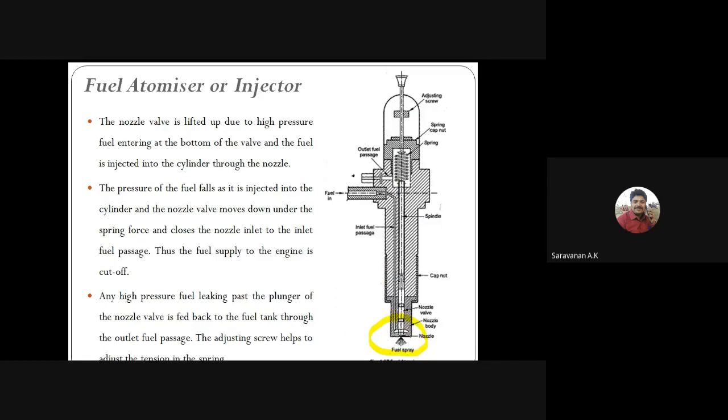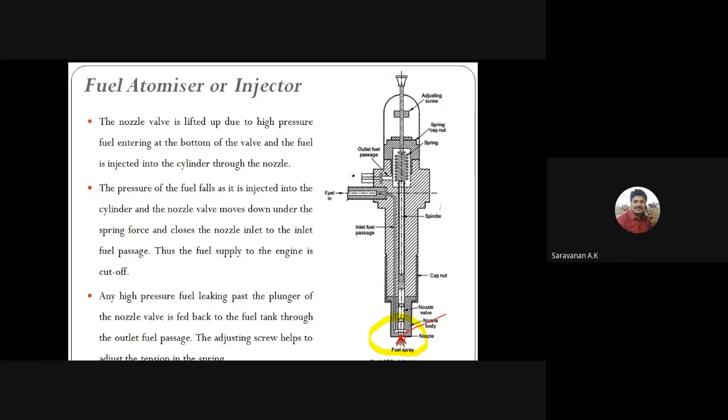Once the high pressure fuel enters the bottom valve, the bottom valve will go in the upward direction, so it will create a path, and the fuel will come out through this orifice. That orifice is called the nozzle.